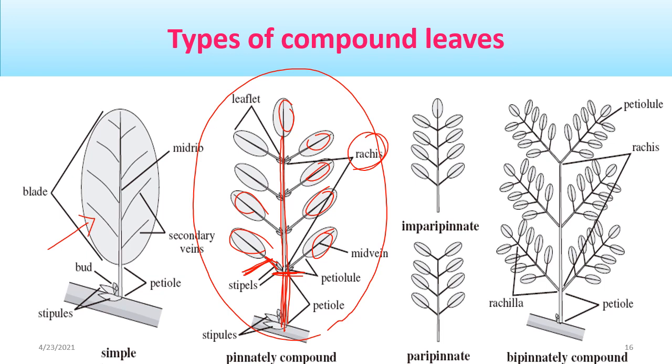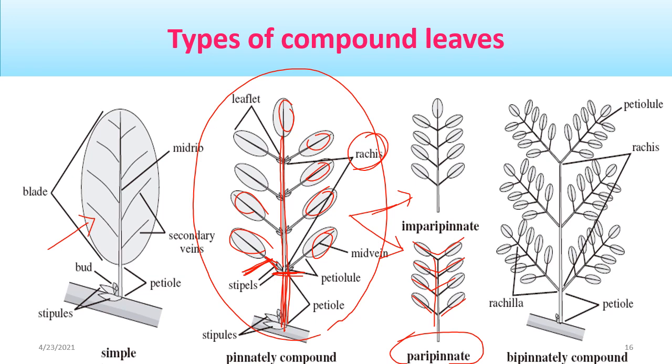Then this type of leaf is differentiated into 2 different types again. If you look here, they are in multiples of 2 plus 2 plus 2 plus 2. That is, the number is paripinnate because it is 2 plus 2 plus 2 and so on.